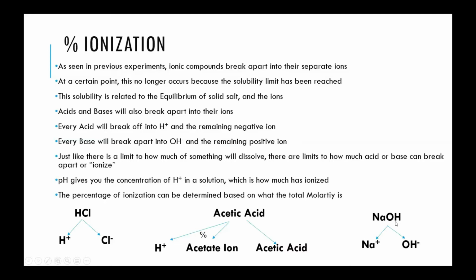And again, it breaks apart completely into its separate ions. If you have 1 molar sodium hydroxide, that means you have a solution of 1 molar sodium ions and 1 molar hydroxide ions. These are a strong acid and base.